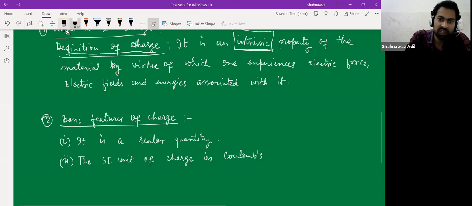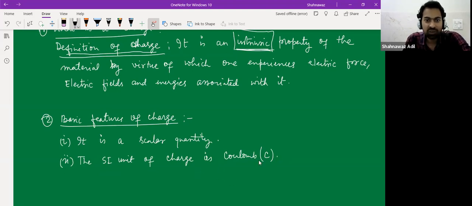So the SI unit of charge is Coulomb, right? And it is represented by C. So this is the SI unit of charge. And the third feature, these are not the properties, but the features of charge.